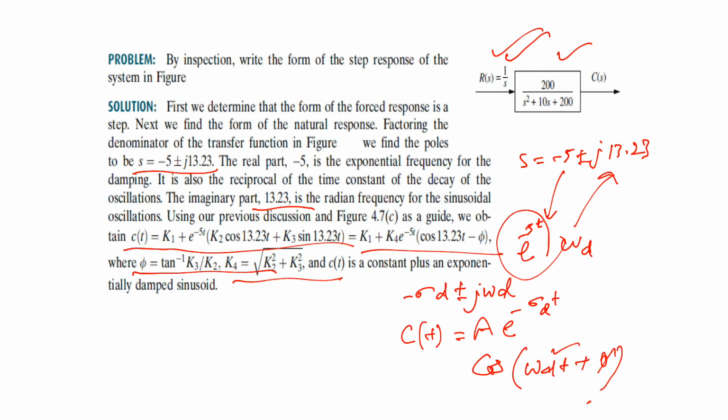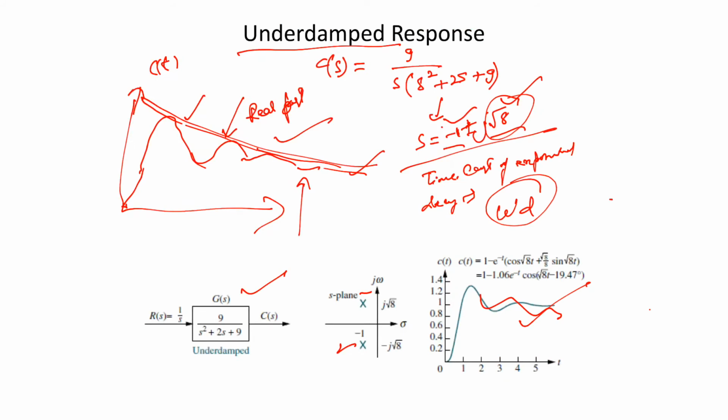So it is a damped sinusoid with an exponential envelope whose time constant is equal to the reciprocal of the pole's real part, and the radian frequency of the sinusoid, that is the damped frequency of oscillation, is equal to the imaginary part of the pole. So if it is of that type, then the response would be underdamped.